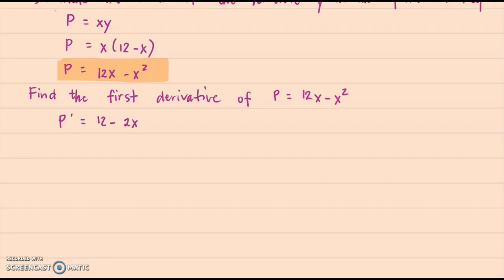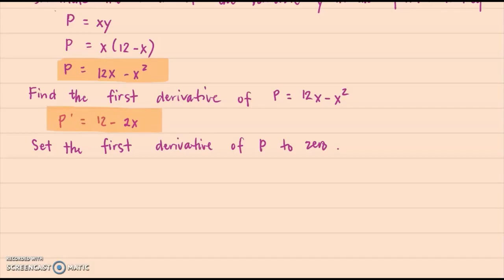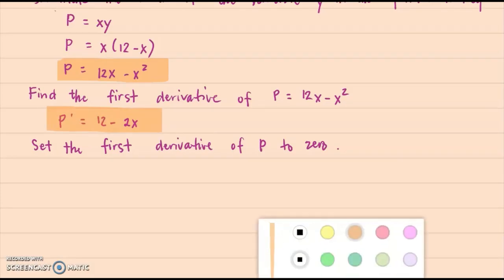Next, set the first derivative of p equal to 0.